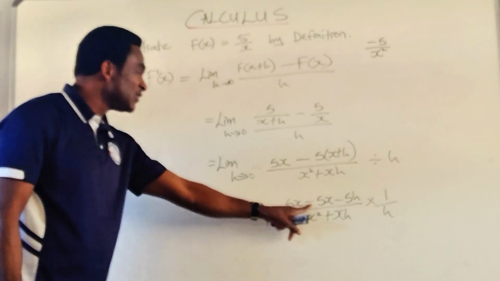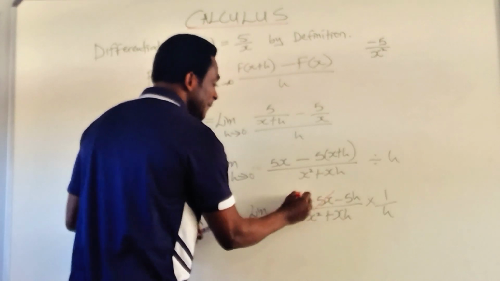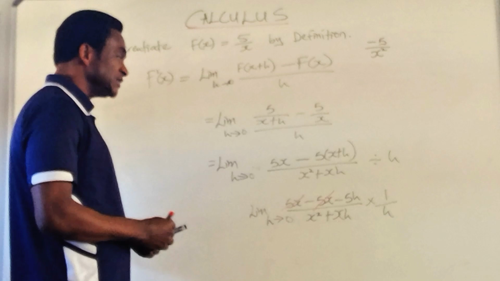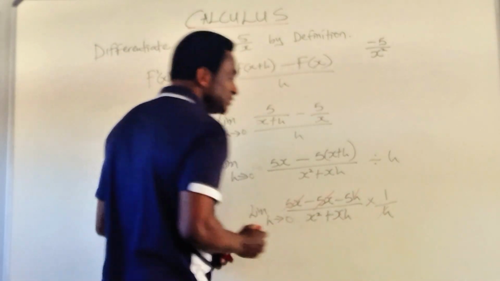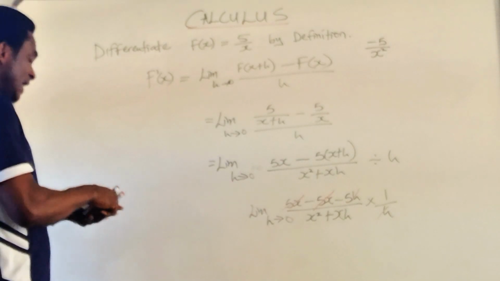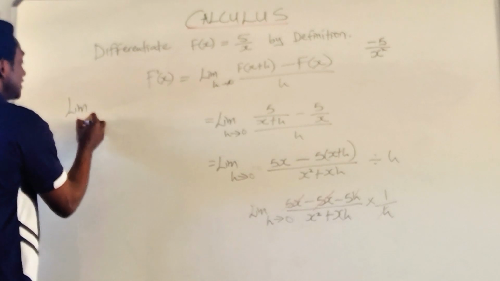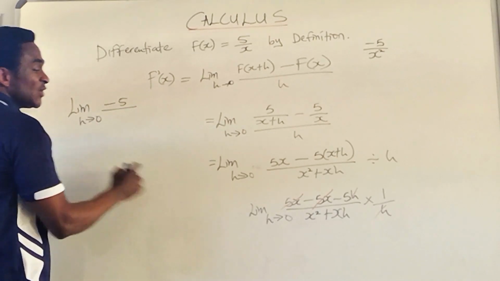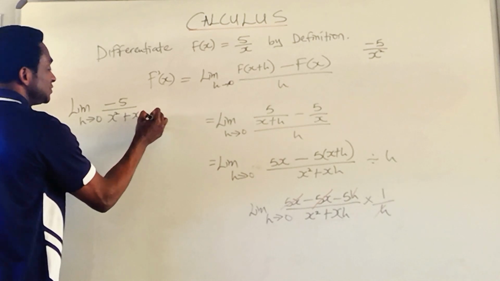Now, 5x minus 5x takes care of each other, and then we'll have minus 5h. Minus 5h, h will cancel out h here. So what we have is the limit of that function as h tends to 0 of minus 5 left in the numerator over the denominator, which is x squared plus xh.